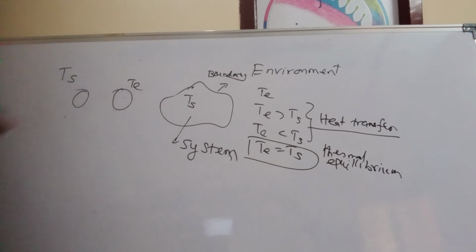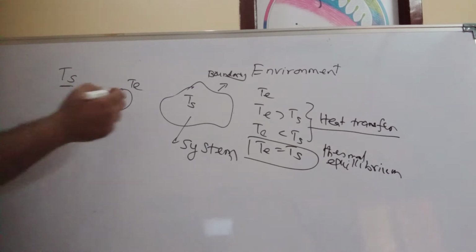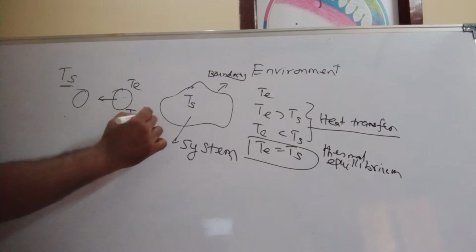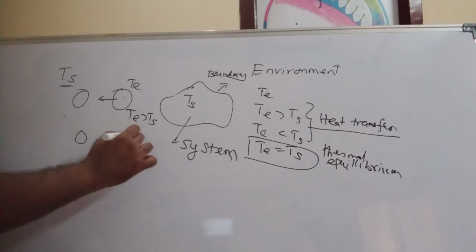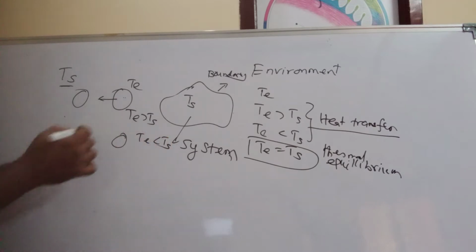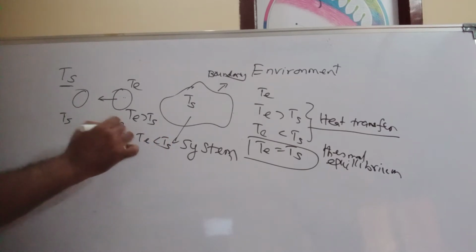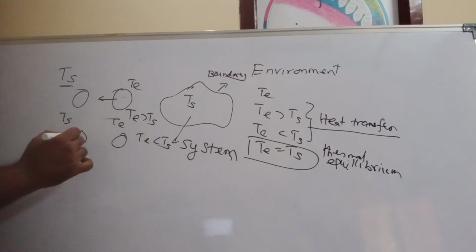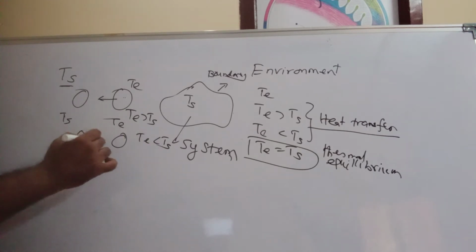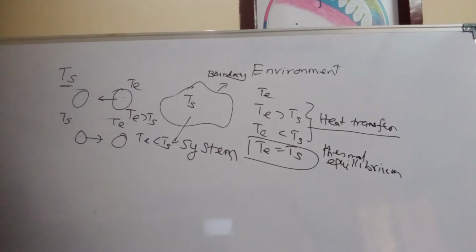So if temperature of the environment is high when compared to the system, the heat transfer will be in this direction. This is the case if Te is more than Ts. If Te is less than Ts, what will happen? You have to just see whichever is the higher temperature. So here Te less than Ts means from Ts to the environment, heat transfer will occur.